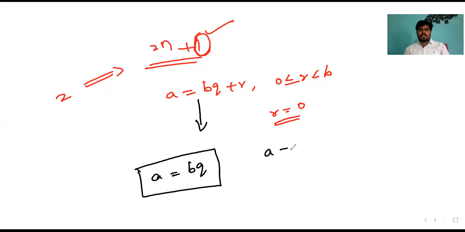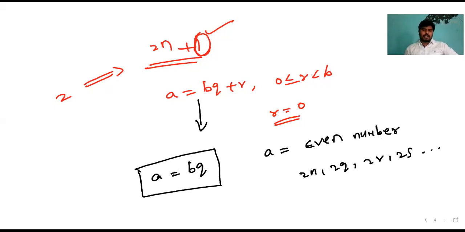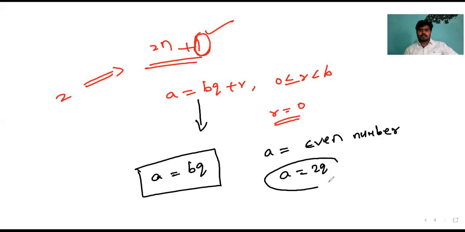Suppose my a is an even number, then what is bq? That may be 2n, 2q, 2r, 2s, and so on. So we can take q only. Then a equals 2q.